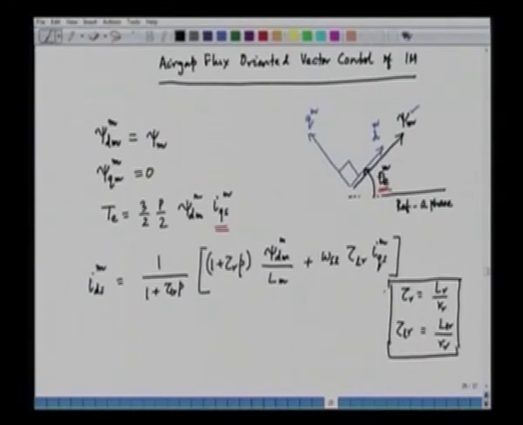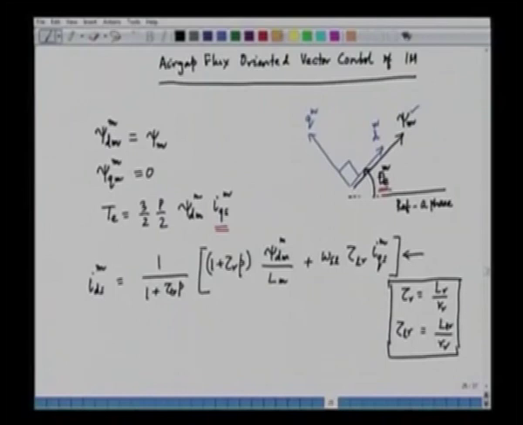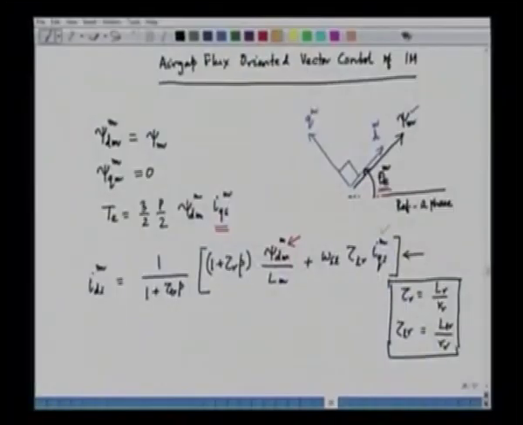So, if we see this equation, suppose we would like to keep psi dm constant. If you want to keep this flux constant, and we can change the torque by changing the torque component of current, say for example, we would like to change this quantity.